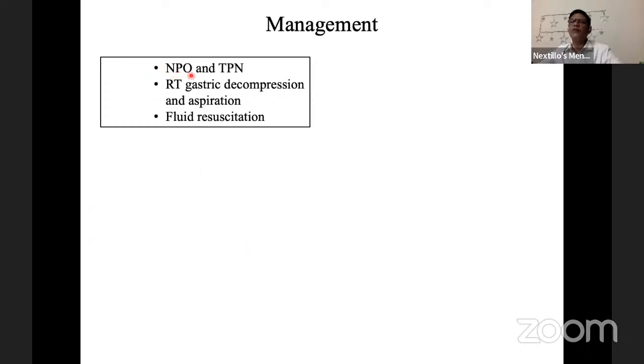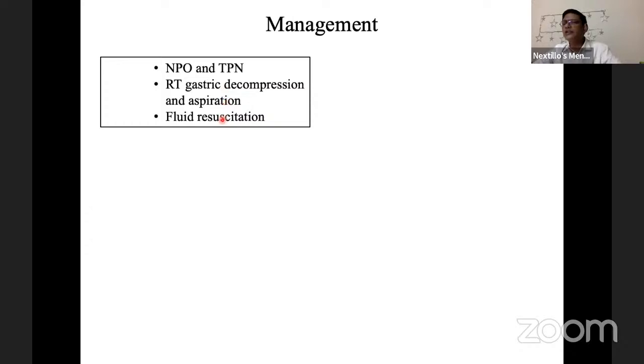Nothing should be given by mouth. And the patient should be started on parenteral nutrition. Ryle's tube, nasogastric tube should be inserted, and the stomach should be aspirated. Whatever fluid has accumulated proximal to the obstruction, we'll try to aspirate and decompress the proximal section.